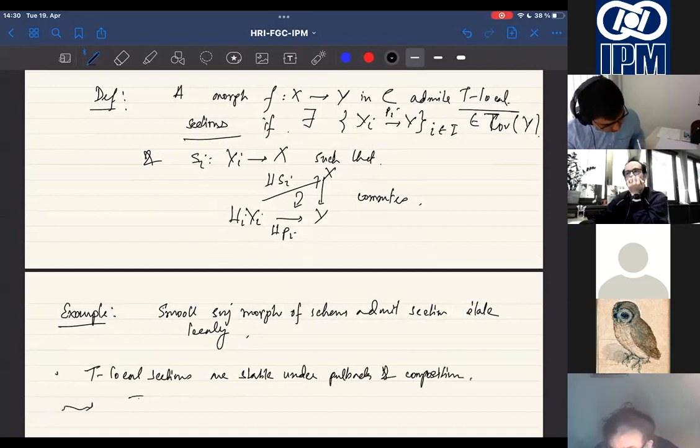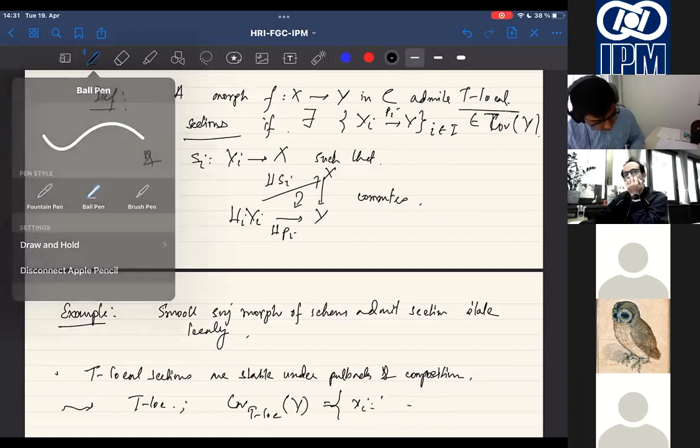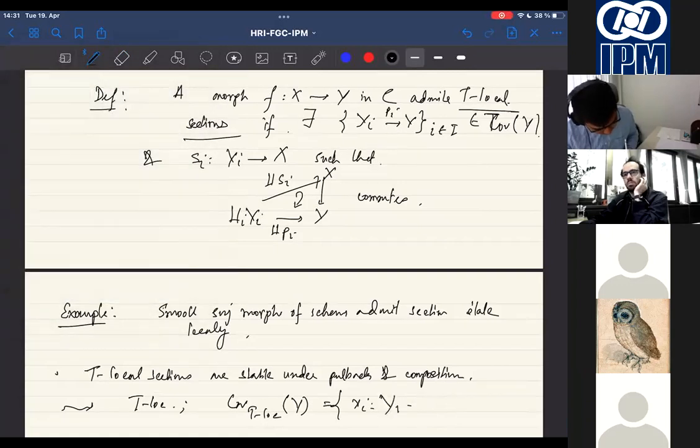And this defines a new site called τ-log, where the coverings of τ-log of a scheme will be all these morphisms Yi to Y such that the product Xi admits τ local sections.